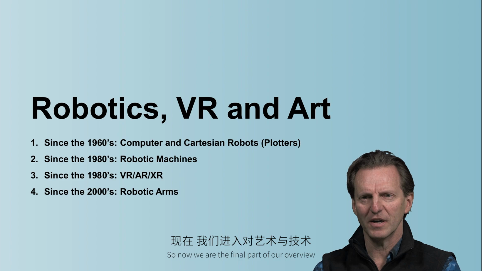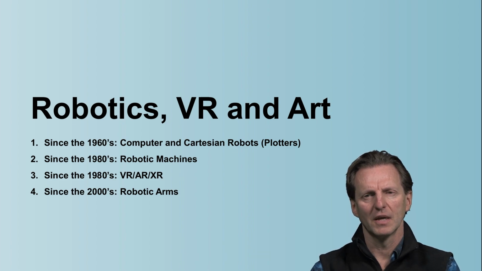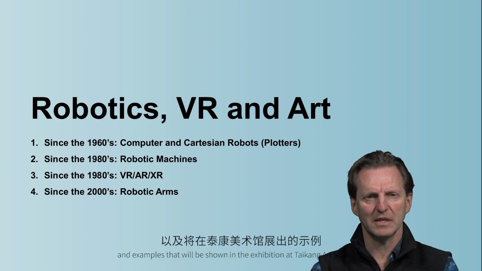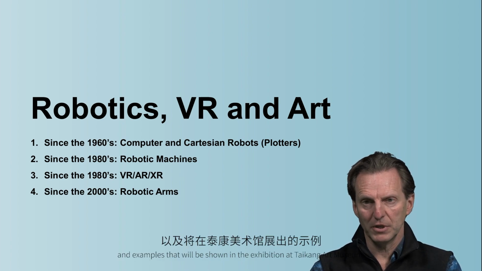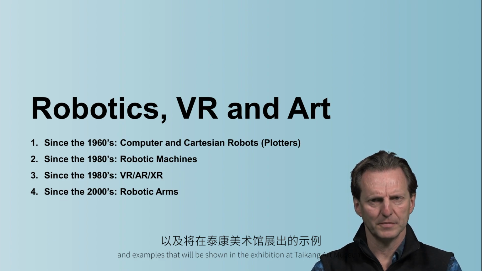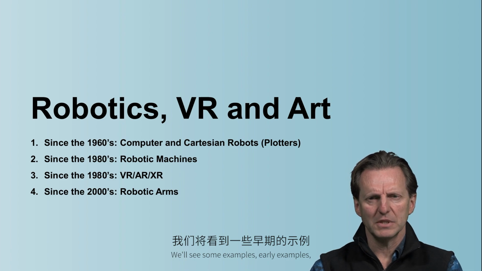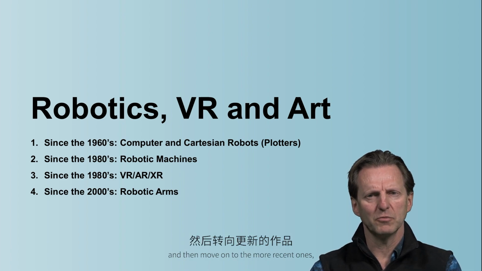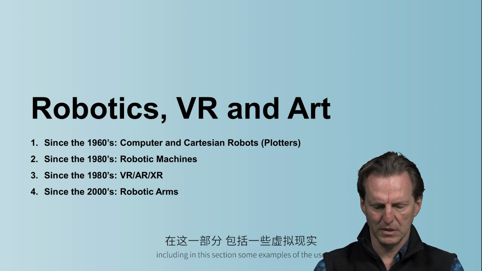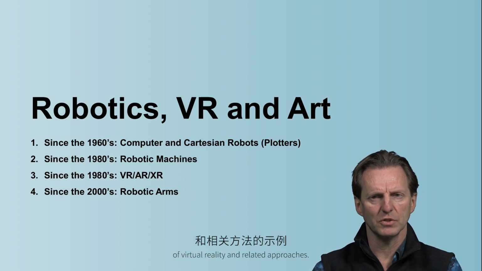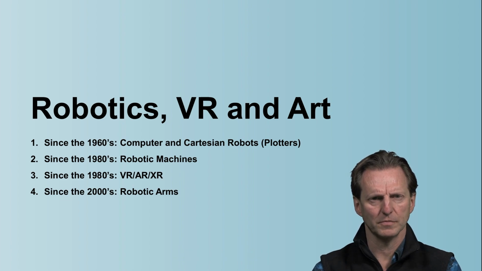So now we are at the final part of our overview of current developments in art and technologies, and examples that will be shown in the exhibition at Taikang Art Museum. We will see some early examples, and then move on to more recent ones, including in this section some examples of the use of virtual reality and related approaches.